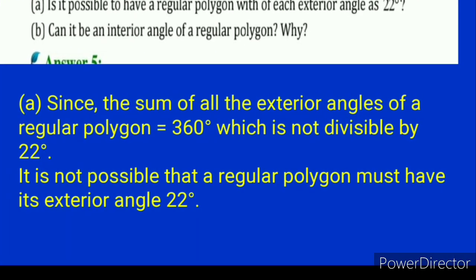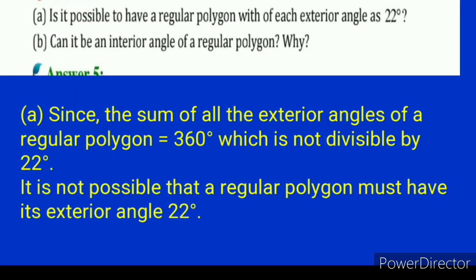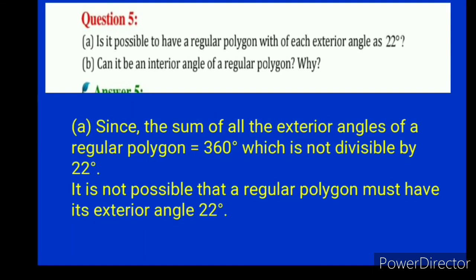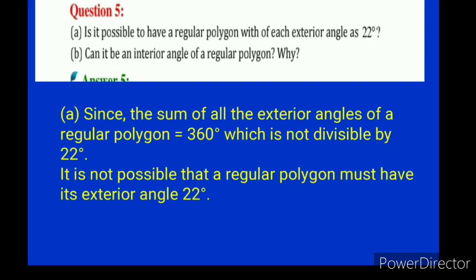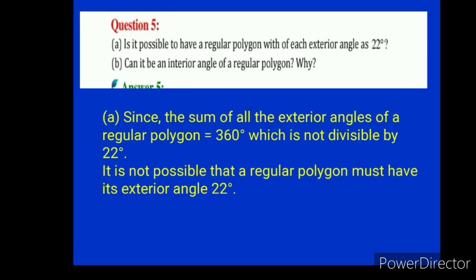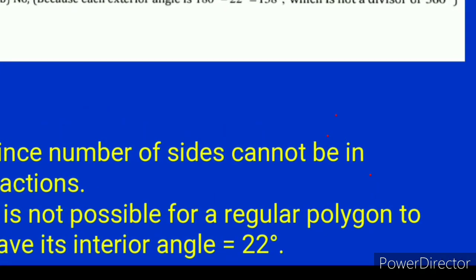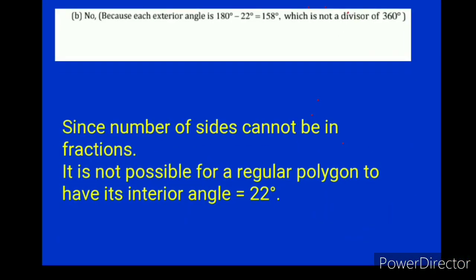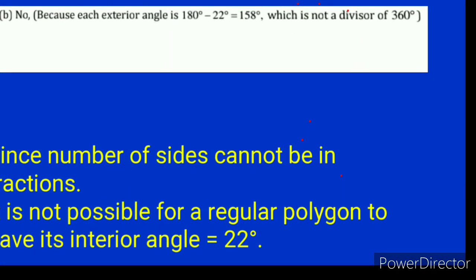In question A, 22 degrees is an exterior angle. So directly we divided, but then also it is not possible. But the same 22 degrees, if you assume it as an interior angle, we do not use it directly. We subtract it from 180 and get 158.